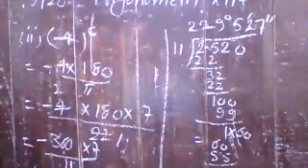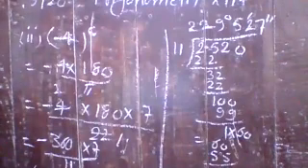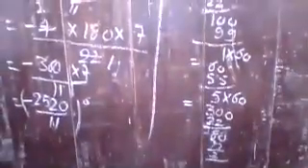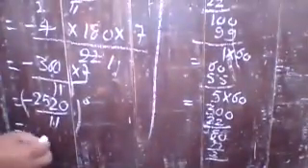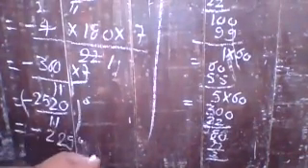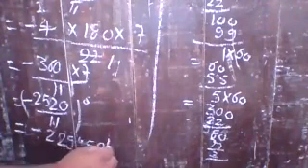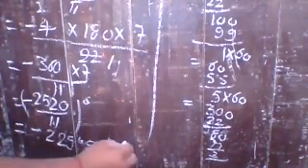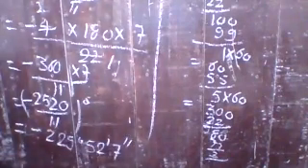So you have 229 degrees, 52 minutes and 7 seconds. So here your final answer you can write in this way: minus 229 degrees, 52 minutes and 7 seconds.